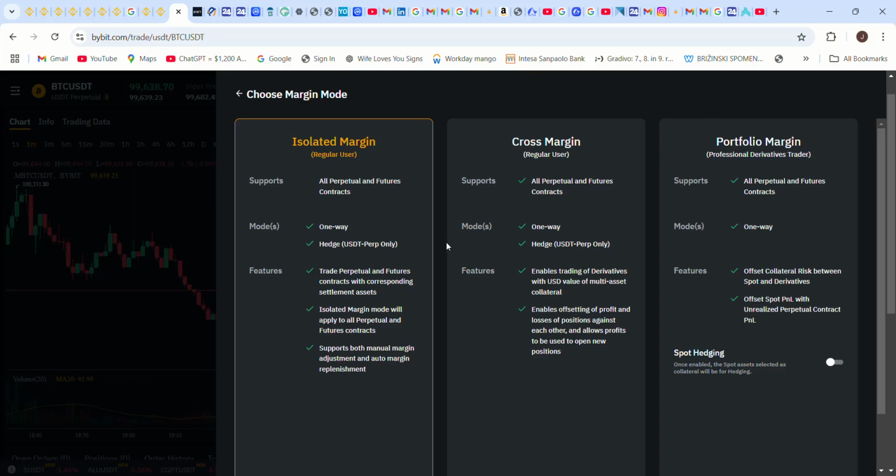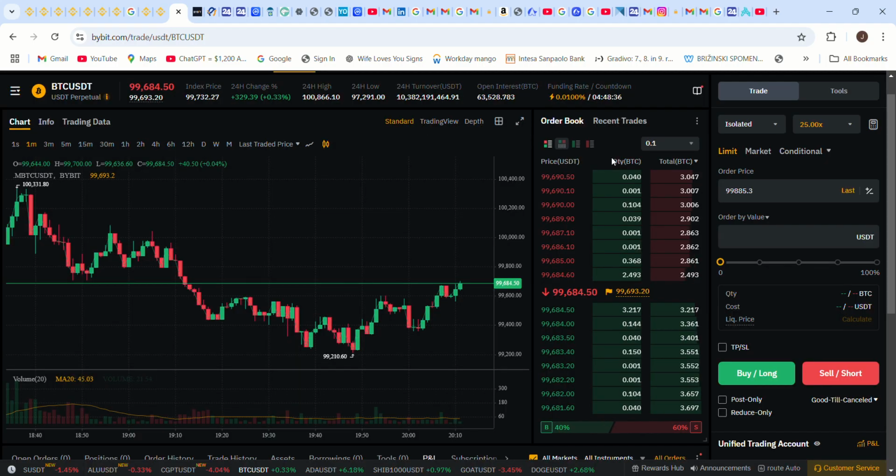Isolated means that when you put a bid, for example, an amount of dollars, 100, 1000, 10,000, it doesn't matter, the money will be taken only from this bid. But if you put on cross margin, that would mean that money will be taken from all around it. So I would recommend always putting on isolated, so that you wouldn't get surprised and you wouldn't lose more money.